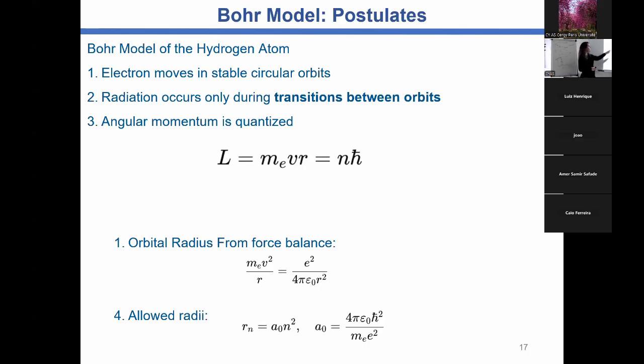And using this equation, a relationship between classical and quantum physics, we could predict the position of the electron here with the radius called the Bohr radius, which is the quantized radius of the electron.